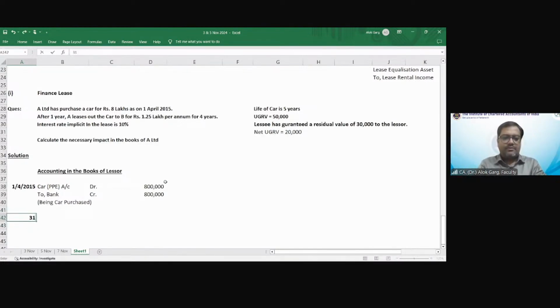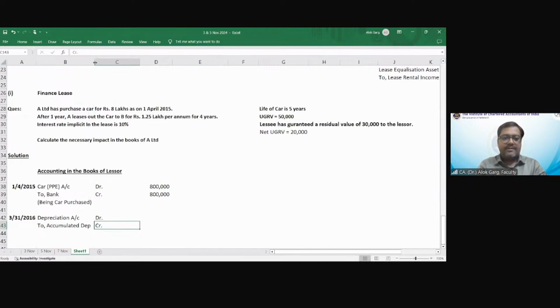Depreciation account debit to accumulated depreciation credit. What is the depreciation?